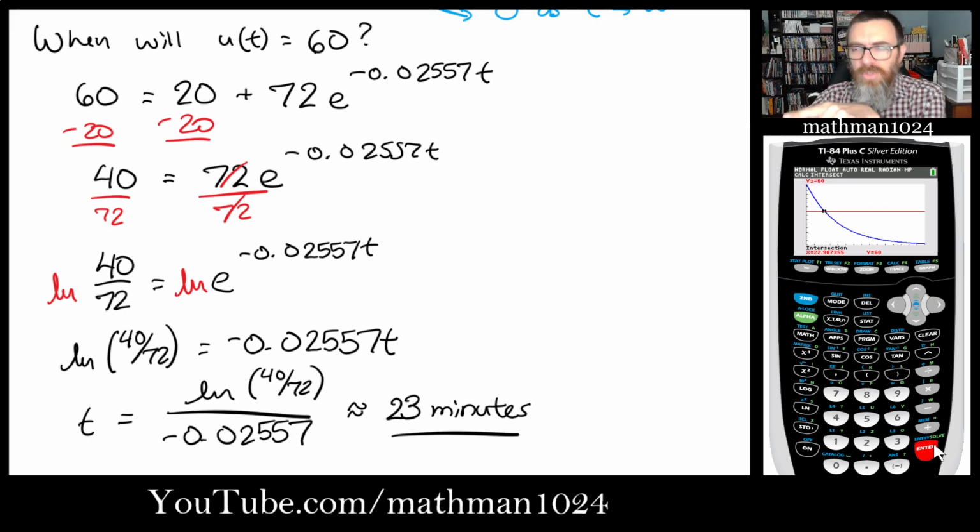So using the calculator, let's find the answer to the next part. When will the temperature be 30 degrees? 30 degrees is way over here, so it's going to be quite a while. Let's change this to 30.